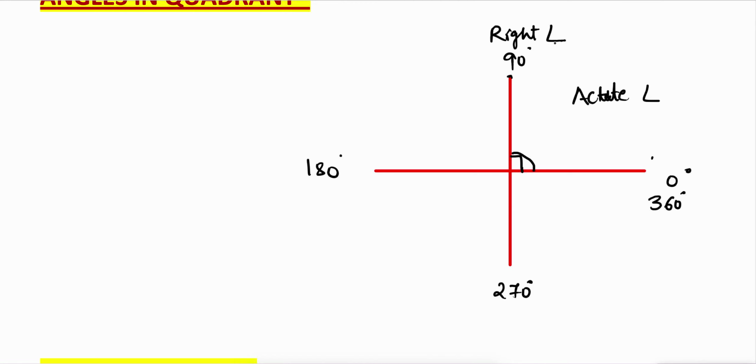If the angle is between 90 and 180 degrees, greater than 90 but less than 180, it is called the obtuse angle. And if the angle is greater than 180 degrees but less than 360 degrees, it will be called the reflex angle, and the initial one will be a zero angle.